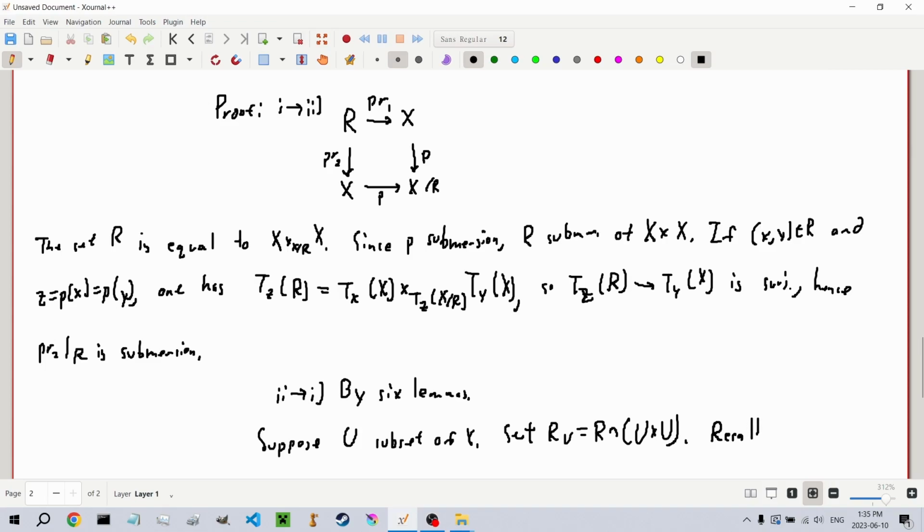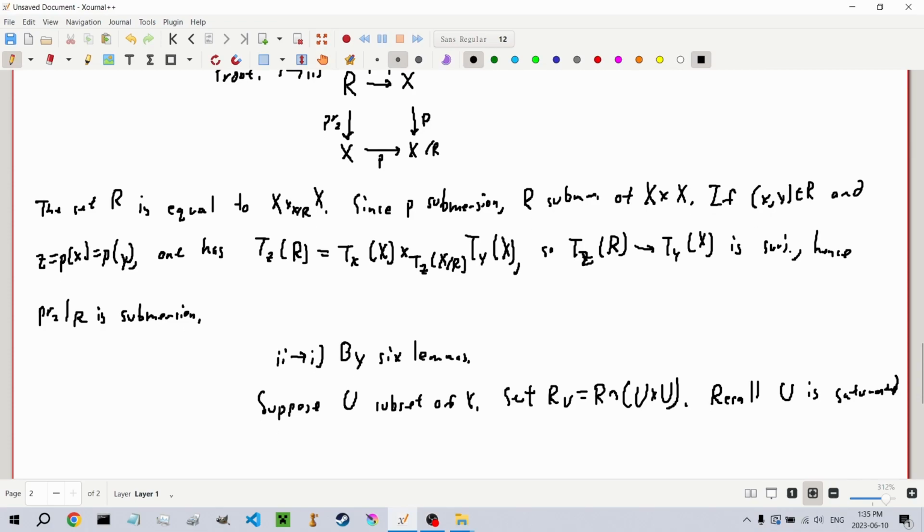And recall, U is said to be saturated with respect to R if we can project U and then inverse project it and get U back.